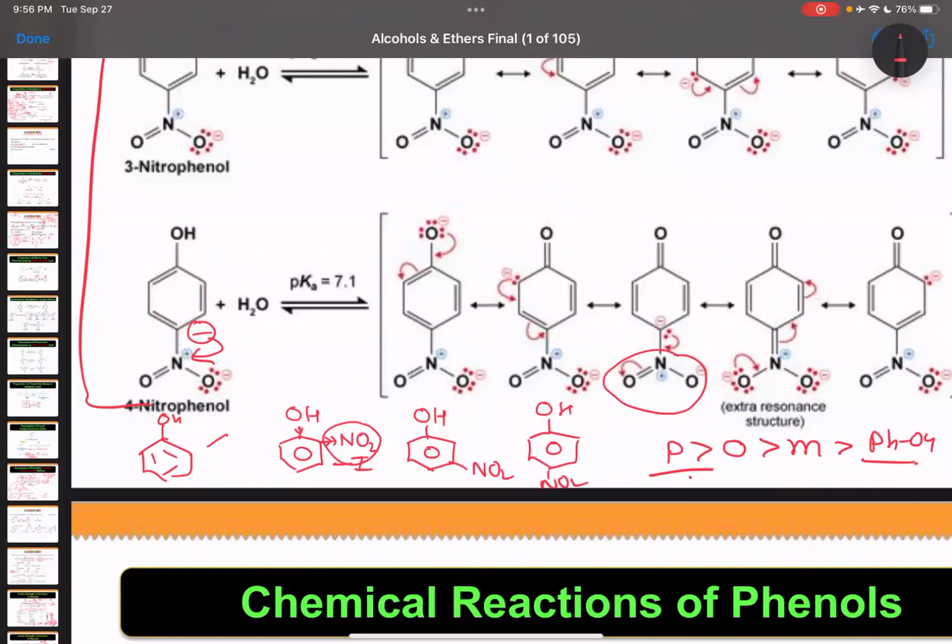Actually, what happens here is in orthonitrophenol, whatever I am saying is correct, but there is one more thing which you need to think. In orthonitrophenol, the H gets stuck inside by intramolecular hydrogen bond. Is it clear? Yes, sir. Because of this intramolecular hydrogen bonding, the H finds it a bit difficult to come out.